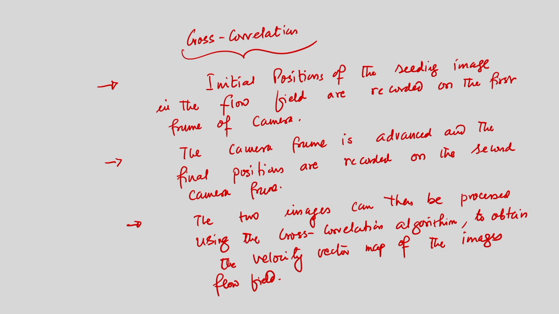The camera frame is now advanced and the final positions are recorded on the second camera frame, and then the two images can be processed using the cross correlation algorithm, essentially to obtain the vector map of the imaged flow field. And in the cross correlation algorithm, when we are capturing two sequential images, the image maps are subsampled.